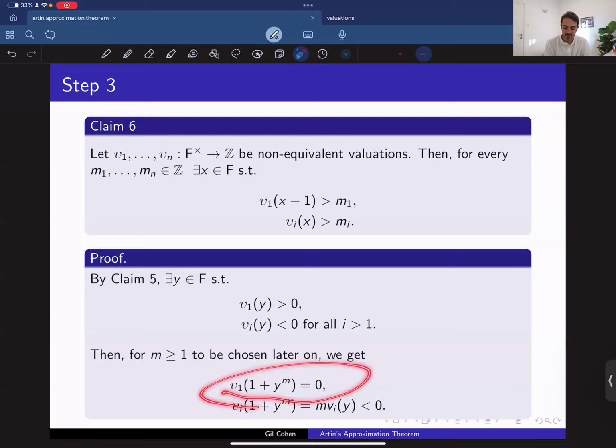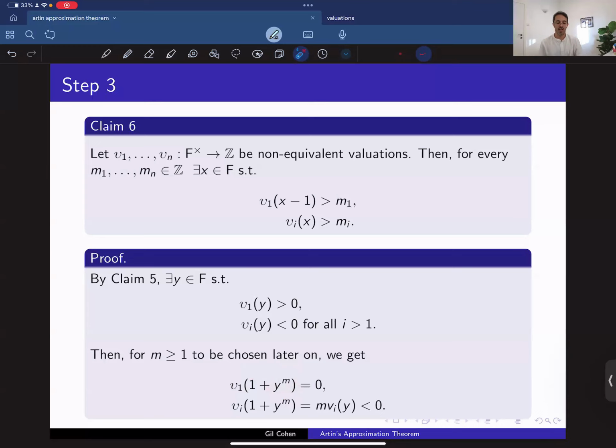Right? It follows by the strict triangle inequality. But the way to think about it is that y has a 0 at the point 1, and so y to the m also has a 0 there. And so 1 plus y to the m doesn't have a 0 there.